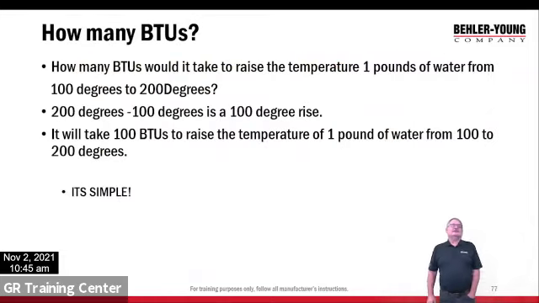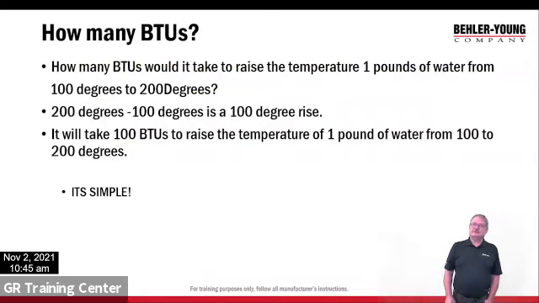Okay. So how many BTUs would it take to raise the temperature of 1 pound of water from 100 degrees to 200 degrees? All right, so I got 100 degree water. I need to raise it to 200 degrees. So I need to add 100 BTUs.